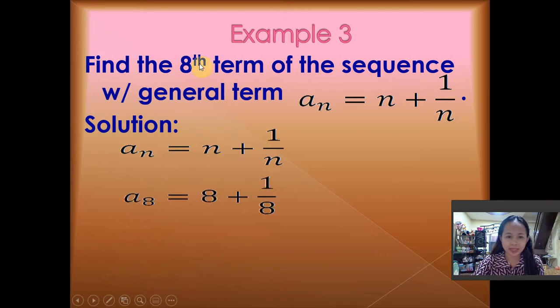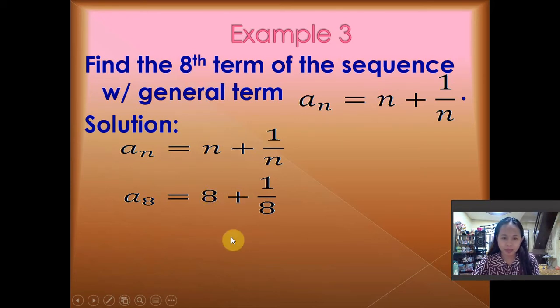So we are going to look for the 8th term. So we will substitute n with 8. N here will become 8. This n here will be replaced with 8. And this n here will also be replaced with 8. We are using 8 because we are looking for the 8th term.